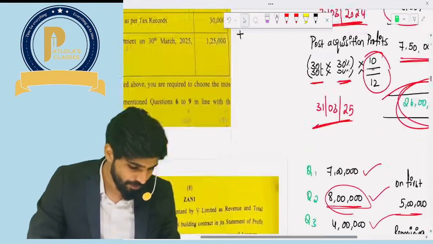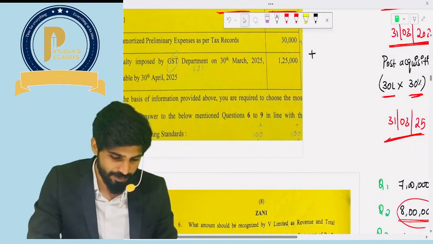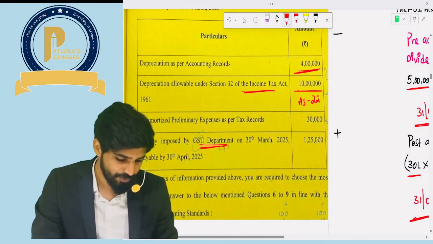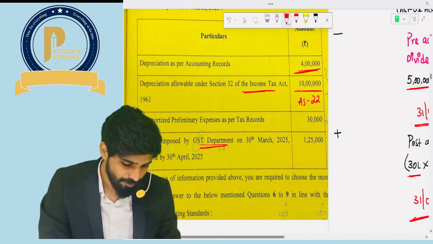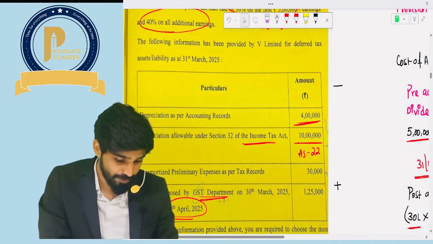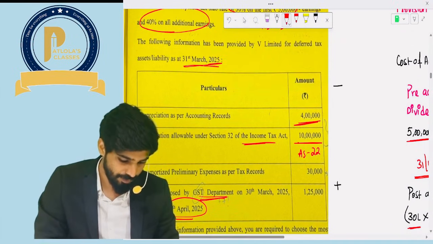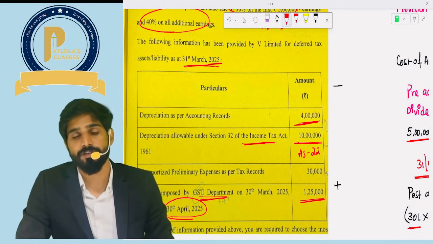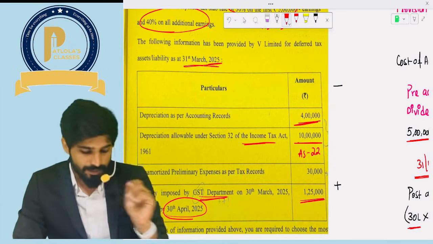Next, coming to the last point, guys, many people would have done the mistake here. Penalty imposed by GST department is 1,25,000, but payable in which month? 30th April 25. But they are speaking about 31st March 25. Since this amount is not yet paid, there will not be any difference between accounting income and taxable income.